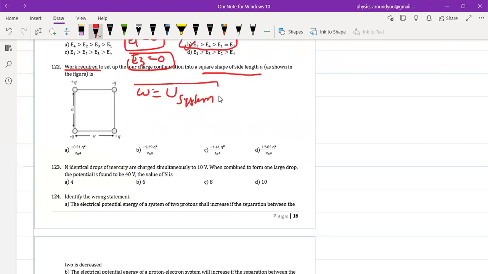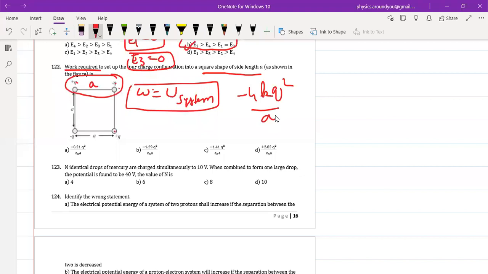The funda is: work done is equal to potential energy of the system. How to calculate potential energy? You make as many pairs as you can from this. So kq into minus q by a, plus kq into minus q by a, plus kq into minus q by a, plus kq into minus q by a. Totally, there will be minus 4 times q square by a.